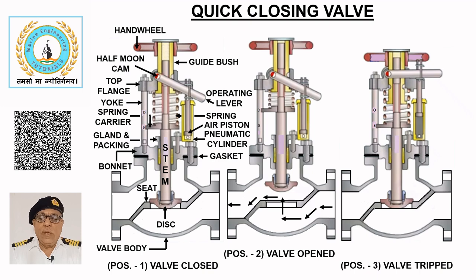Turning the hand wheel in anti-clockwise direction until the end position shown by the indicator opens the valve fully. Quick closing valves should be tested regularly to ensure the reliability of their operation. This helps reveal any defects in the operating mechanism so that they can be rectified in time.